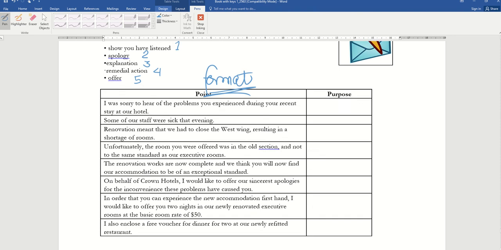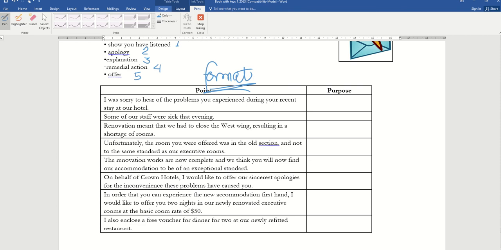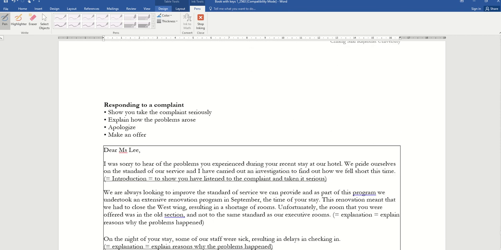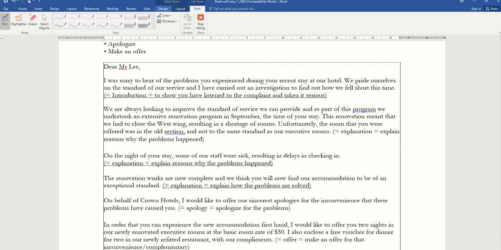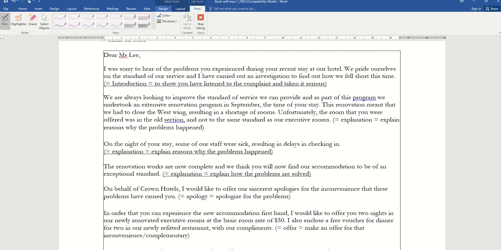So let me show you the example of responding to an email or the letter.